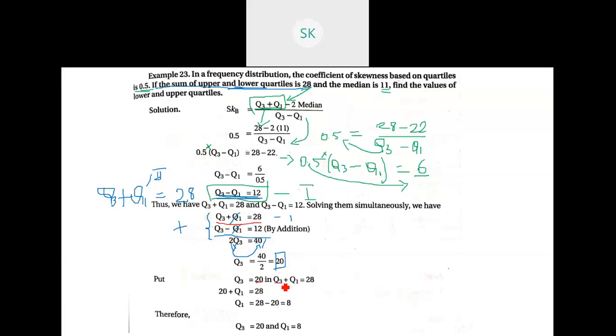So what will I get? 20 plus Q1 is equal to 28. If I take plus 20 to the other side, it becomes minus 20. So Q1 is equal to 28 minus 20, which is 8. So the value of Q1 is 8.